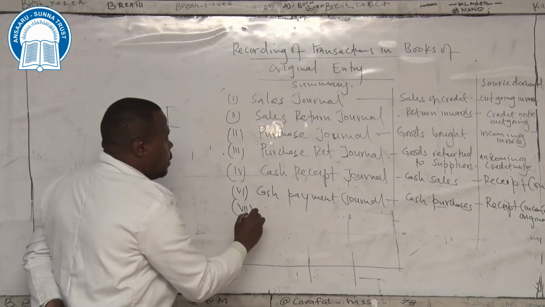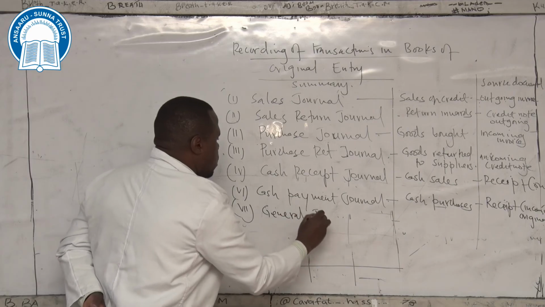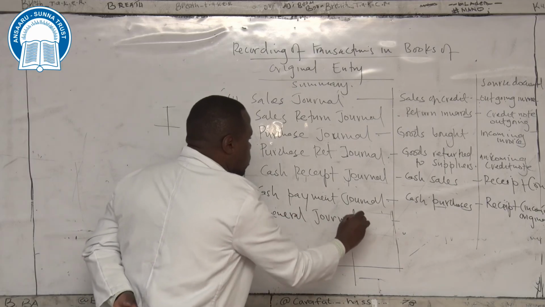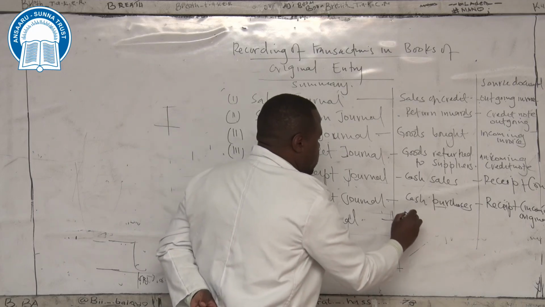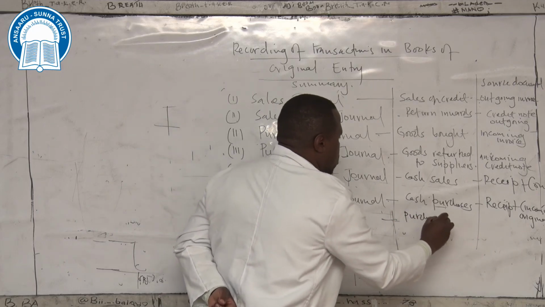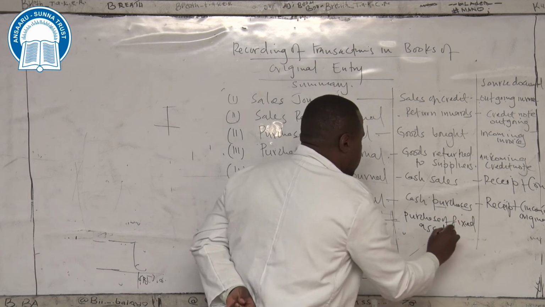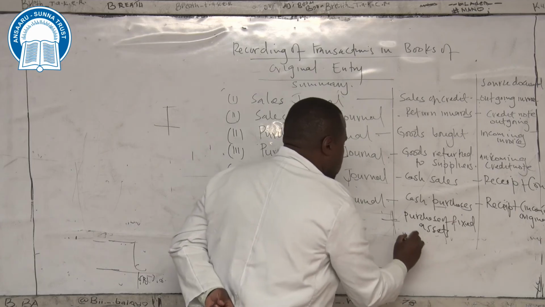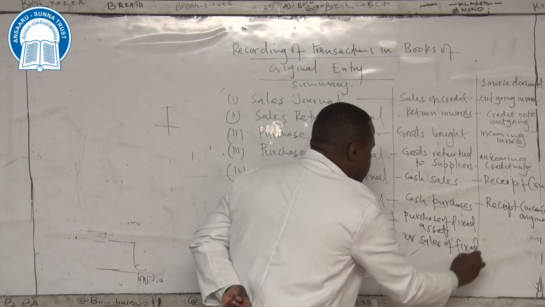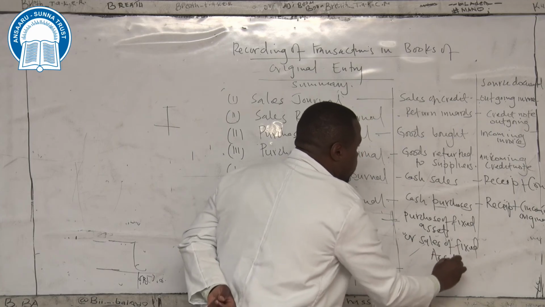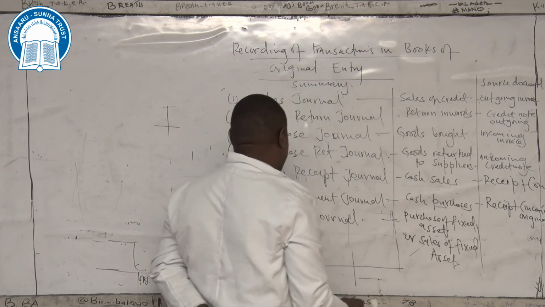Then we have the general journal. General journal is for recording purchase of fixed assets or sales of fixed assets.